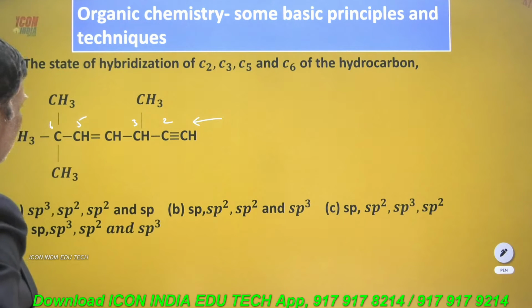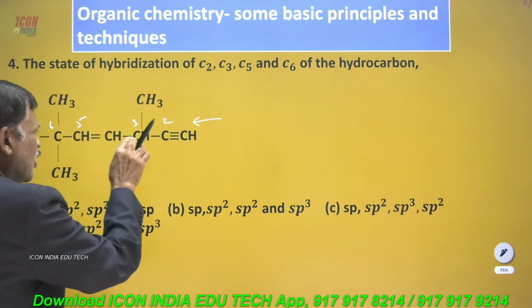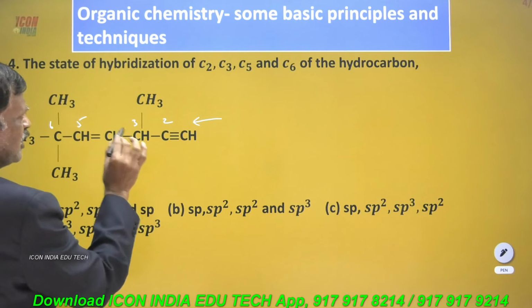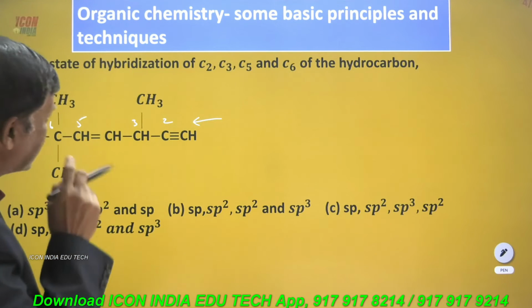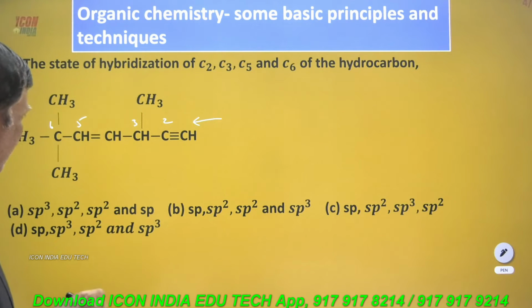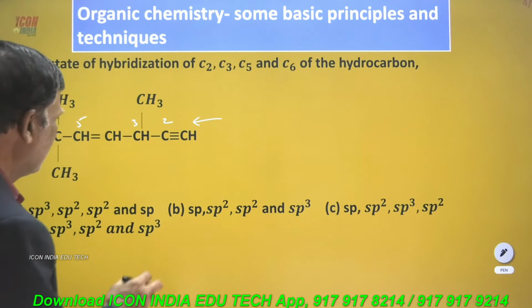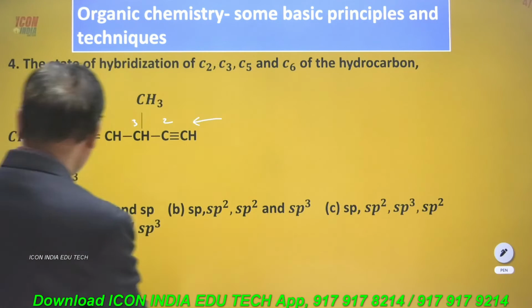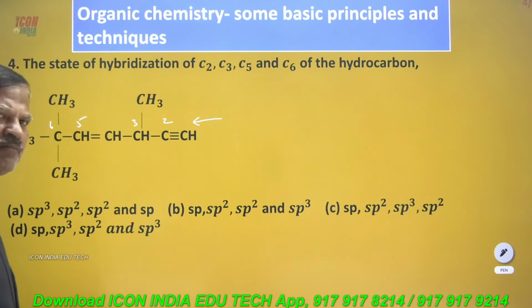Third carbon sp3 because this is single bonded only. This carbon is forming all single bonds, that's why it should be sp3. So second carbon sp, third carbon sp3. sp sp2 no, sp sp2 no, sp sp3 yes. That's the answer. Fourth option.